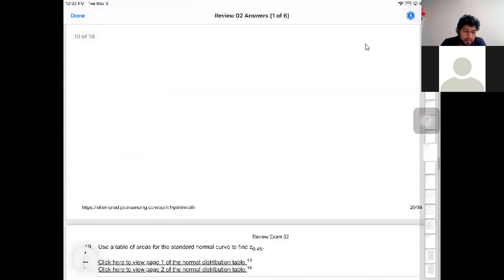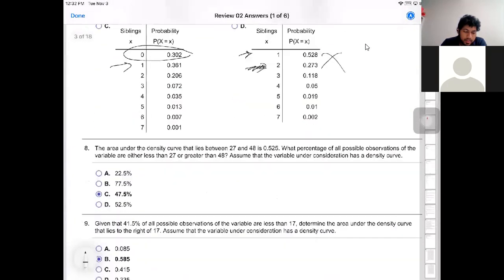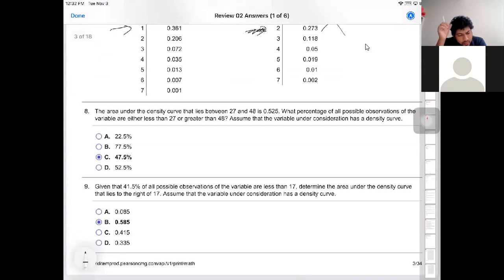Sorry for that. Okay, let's move to the next question. Up to question number 7, it is chapter 5. From question number 8 onwards, it goes to chapter 6.